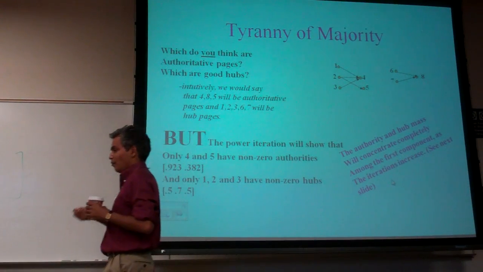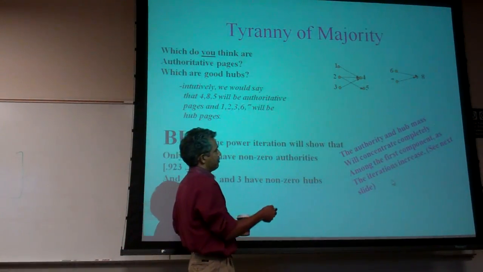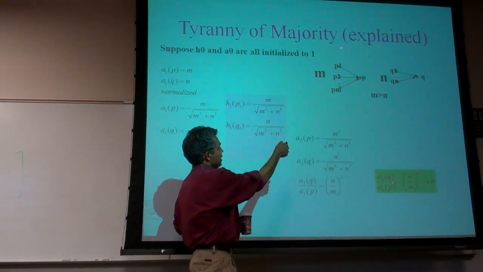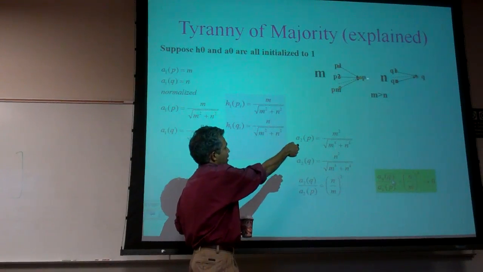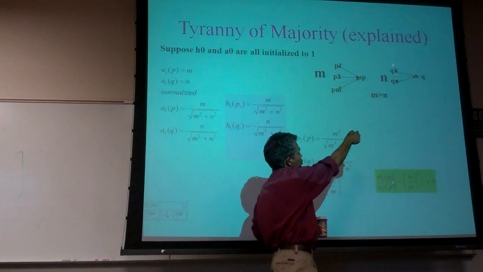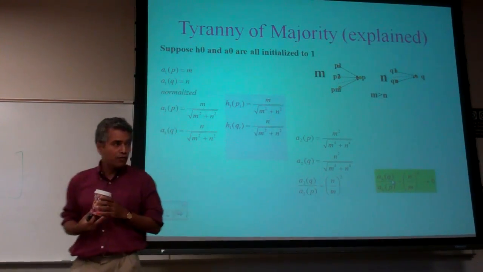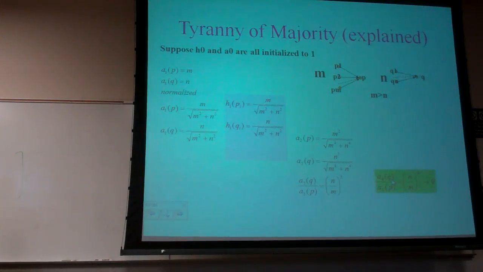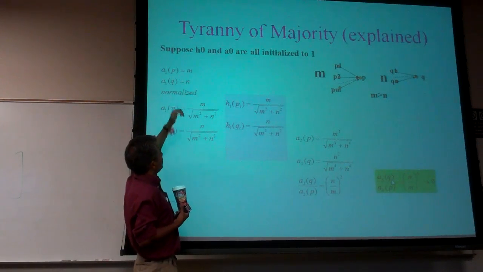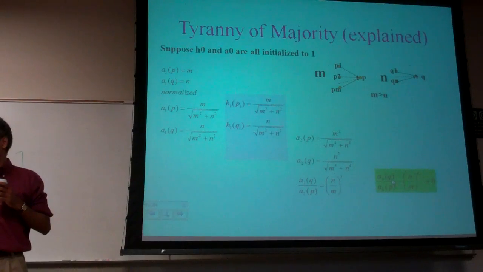And why is this? It turns out that you can actually reason this out. Imagine you take the same kind of structure but a slightly simplified one: M pages, P1 to PM, are pointing to P, and Q1 to QN are pointing to Q. Now let's do a couple of steps of the authorities and hubs iteration. Assume we start with 1 for everything, so authorities are 1 and hubs are 1 for every page.